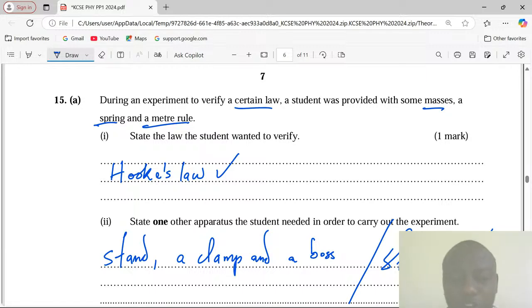Through that, you'll be in a position to get several values of the masses attached and the extensions they are causing.